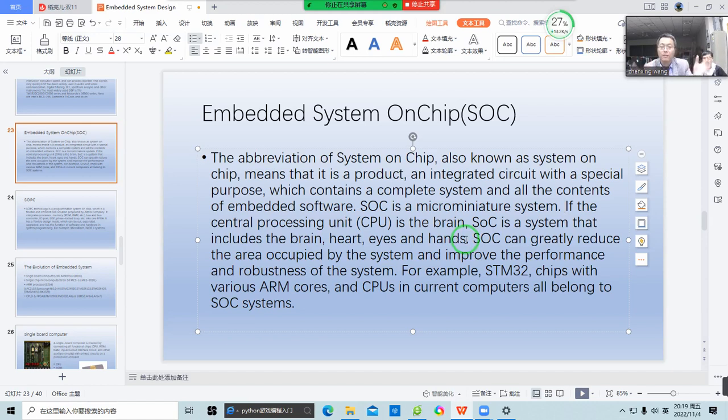So almost everything is inside. SoC can reduce the area occupied by a system. Sometimes our PCB board is very small, maybe only this big. If a PCB board has many functions inside, it has a very small size.